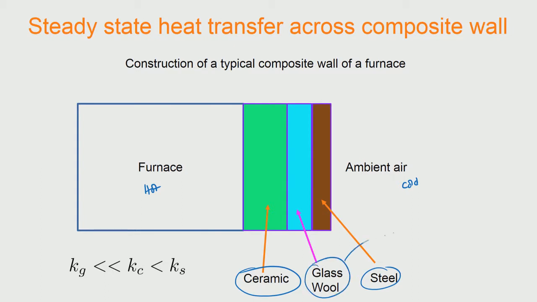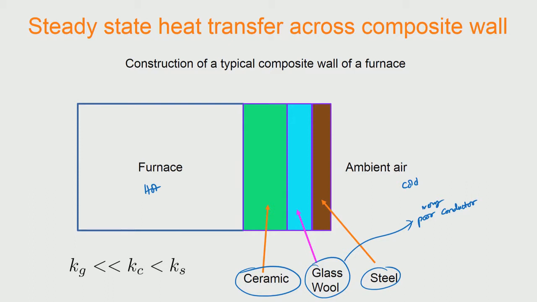Now, glass wool is a very poor conductor of heat, so that the heat does not go from the ceramic brick onto the steel container, because whatever heat comes to the steel container will go into the ambient air, and that will tell you how much power loss is happening because this furnace is kept at a high temperature over a period of time.